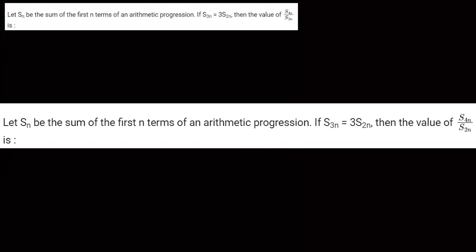Now here the question is, let Sn be the sum of first n terms of an AP. If S3n is equal to 3 times S2n, then the value of S4n upon S2n is.